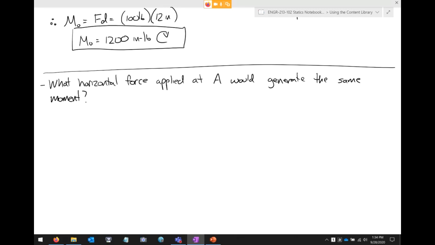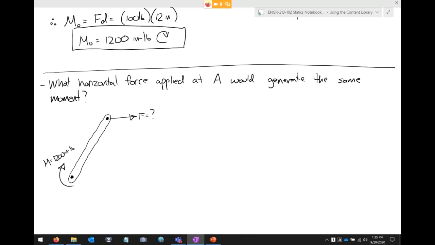Okay, so let's see if we can figure that out. So here's that point O again. Here's the lever. And what we're trying to do is figure out what force would generate a moment of 1,200 inch-pounds.